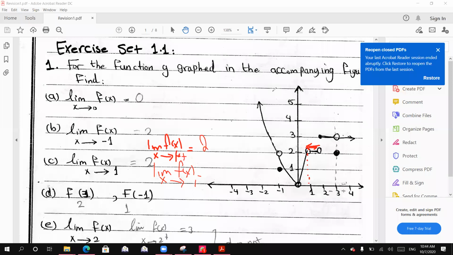Now look at 1 from the left. What about the values? They go near what? To be 2 also. So does the limit exist now? Yes. So I can say that limit f of x when x approaches 1 is equal to 2.